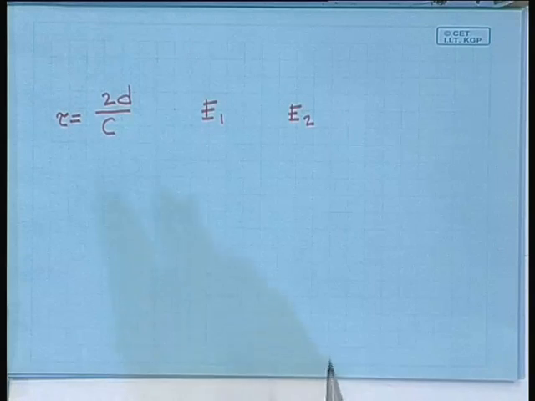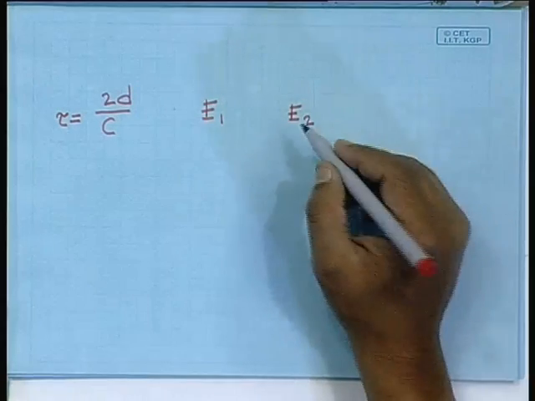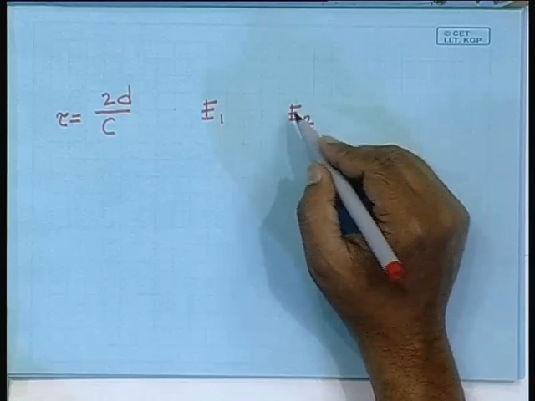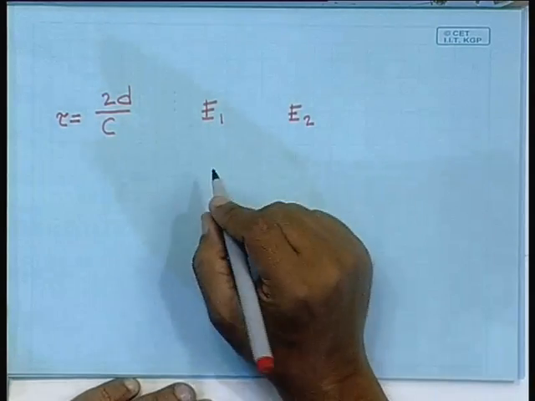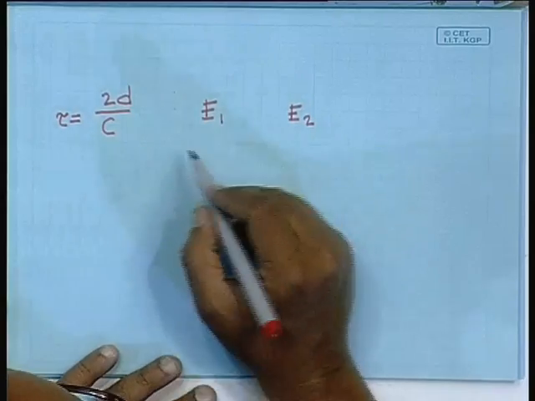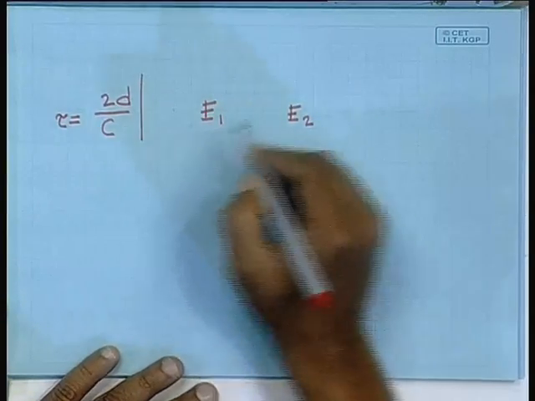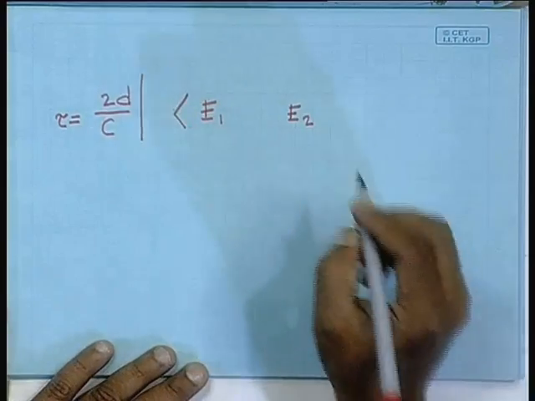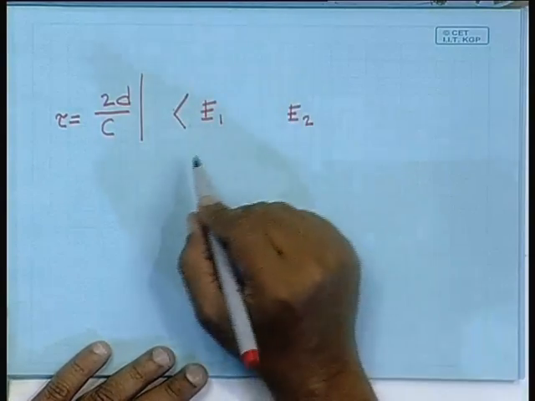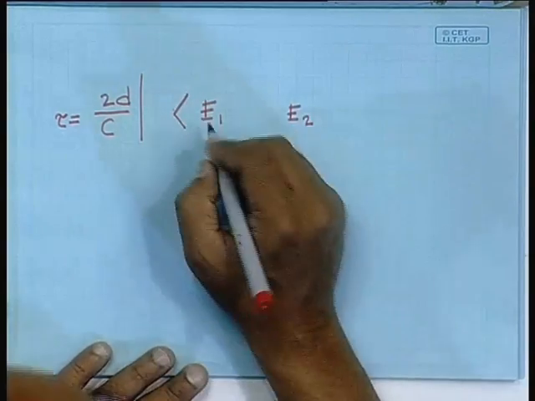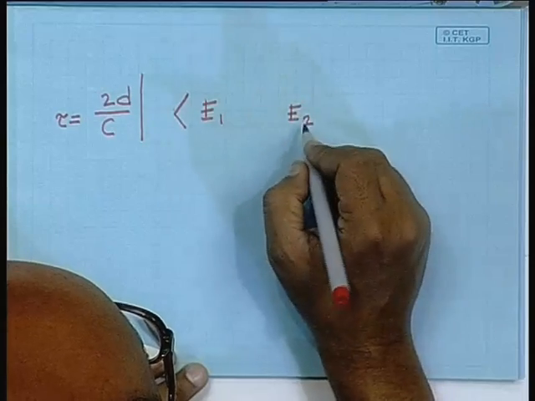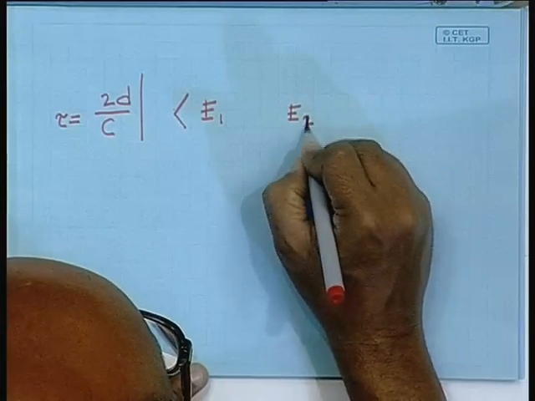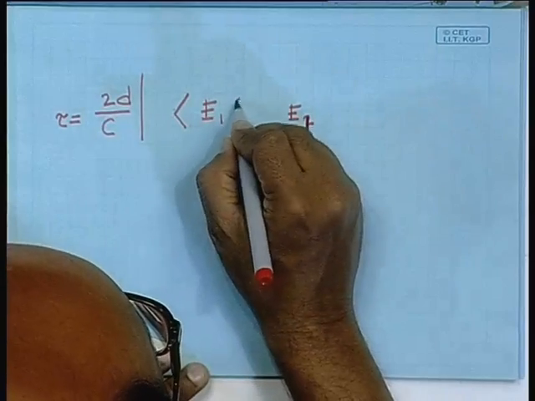Let us assume that wave 2 has to travel a larger distance. The quantity responsible for interference over here is not the coherence between the wave at the same instant of time. Here in this particular case you are producing E1 and E2 from the same wave E, so they are exactly the same, but there is a time delay.